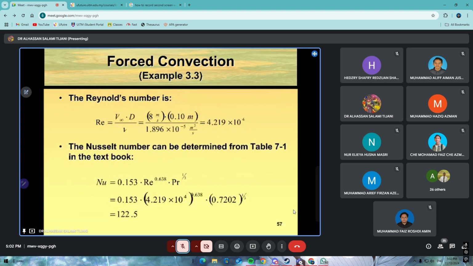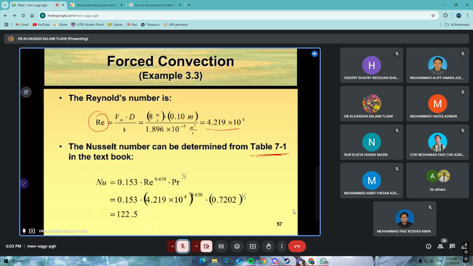So now we will determine the Reynolds number. The Reynolds number is given by VD divided by kinematic viscosity, which is given by this. So the Nusselt number can be determined from table 7.1 in the textbook.